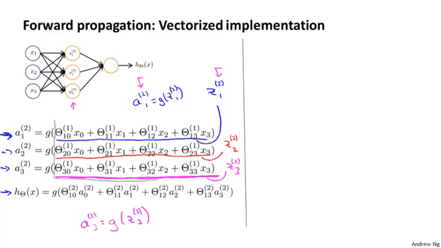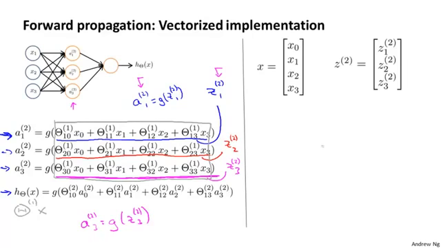Now, if you look at this block of numbers, you may notice that it corresponds suspiciously similar to the matrix-vector multiplication of Theta1 times the vector x. Using this observation, we're going to be able to vectorize this computation of the neural network.